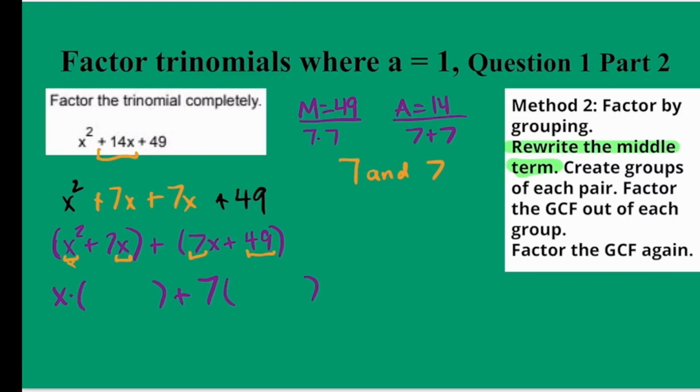So if I take x out of the first parentheses, what I'm left with is x plus 7. If I divide a 7 out of the second parentheses, I also get x plus 7. Oh, how convenient. These two factors are the same. They should be. So I can now take out that x plus 7 as a common factor, and I'm left with the other x plus 7.